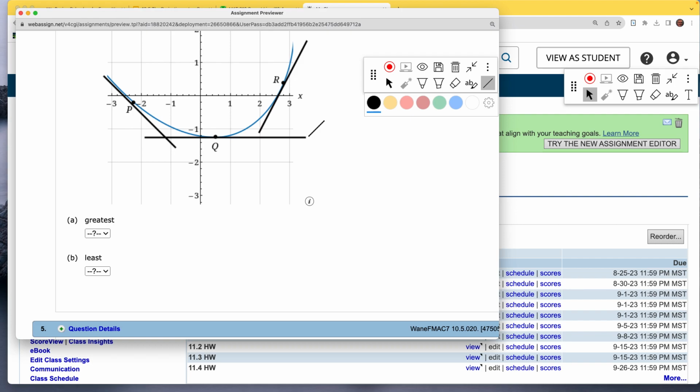I can't tell you exactly what it is, and you don't have to calculate it, but that's going to be the greatest. The least is the negative slope, because negative is smaller than zero. But be careful. Sometimes I think about this question in terms of steepness, which is a greater change. But what they're talking about is the value of the slope. So positives are the biggest, zero is in the middle, and negative slopes are less than 0.